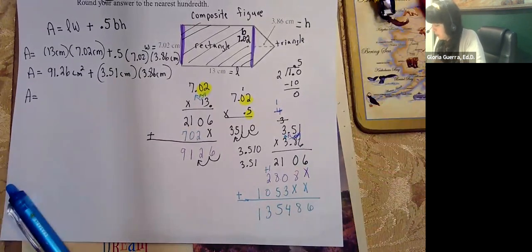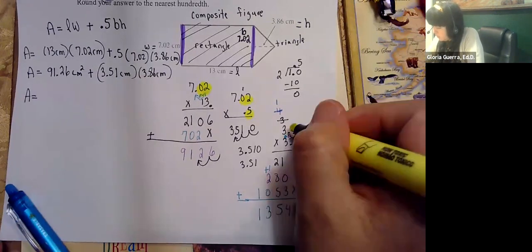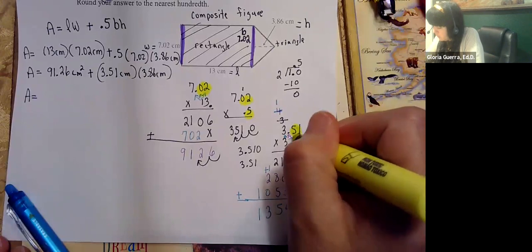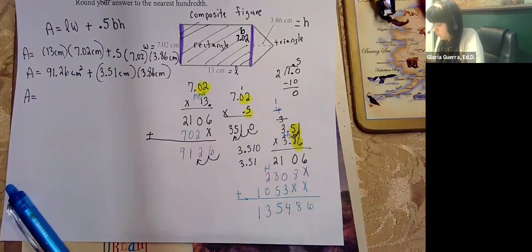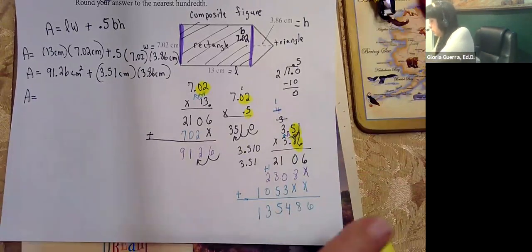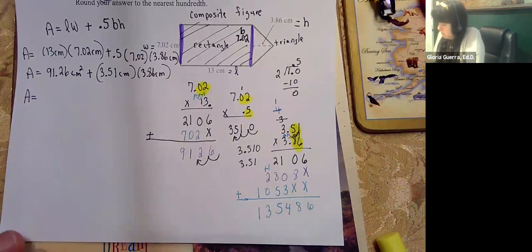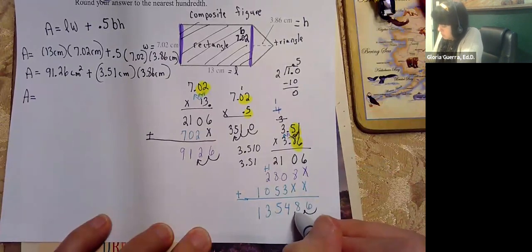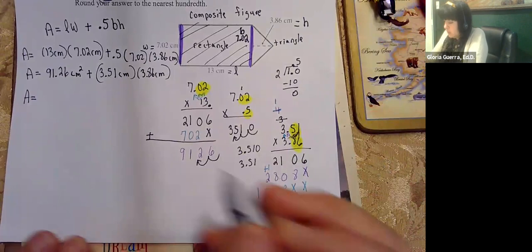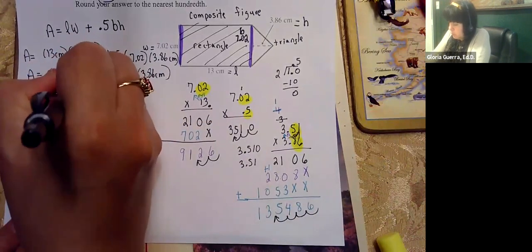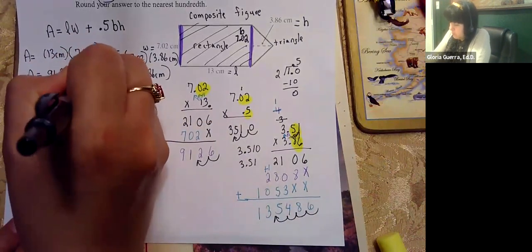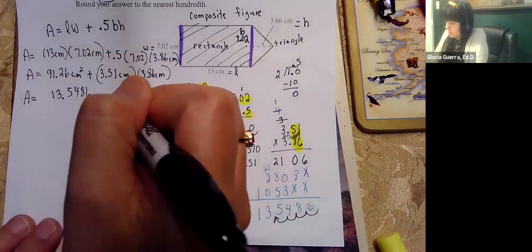So now I'm going to count my decimal moves. The first factor has 2, the second one has 2. So it looks like it's 4 decimal moves. 1, 2, 3, 4. So it looks like it's 13.5486.